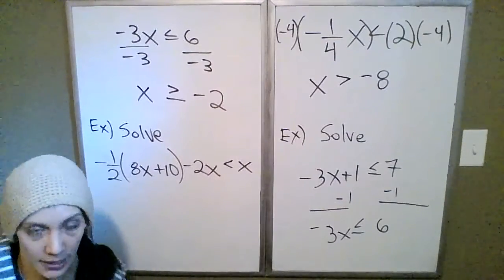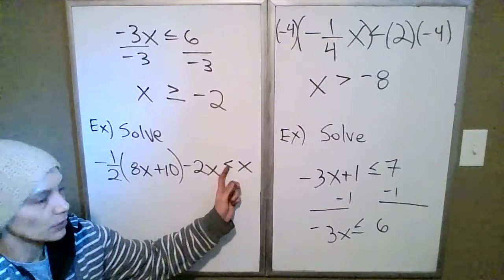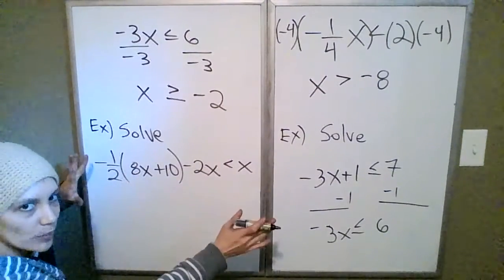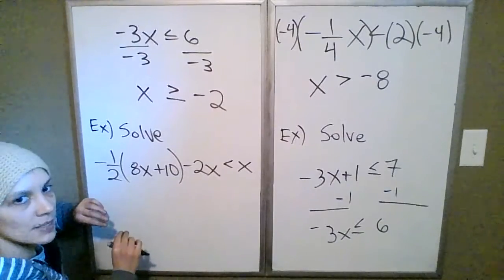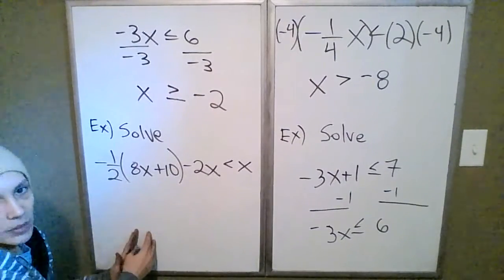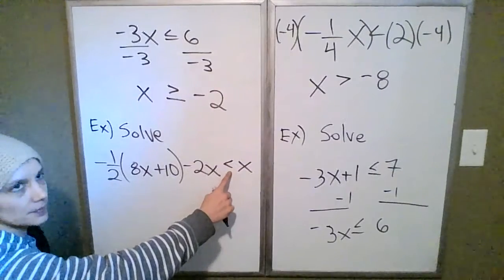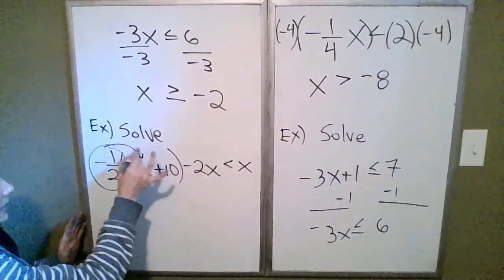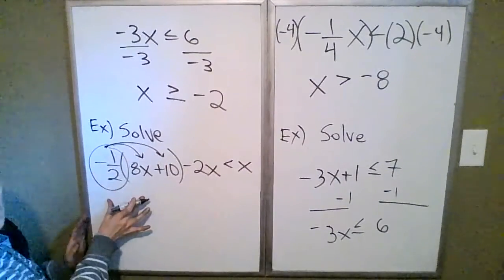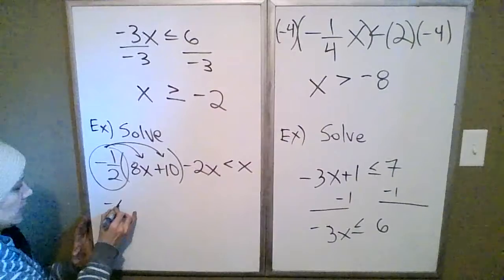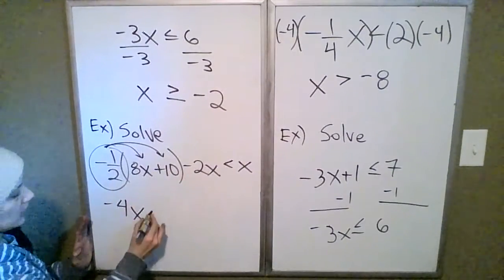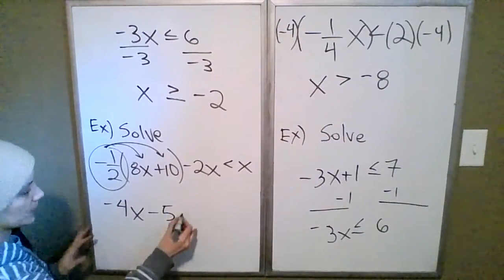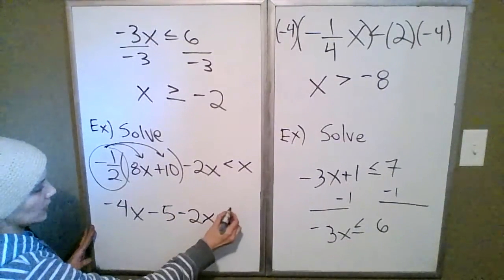The idea is kind of like in an equation, when there's an equal sign right here: you want to use distribution to expand all parts of the problem, then combine like terms, and then isolate your variable to one side of this symbol. So we distribute the -1/2 over to 8x and 10. It's -4x minus 5, minus 2x, less than x.